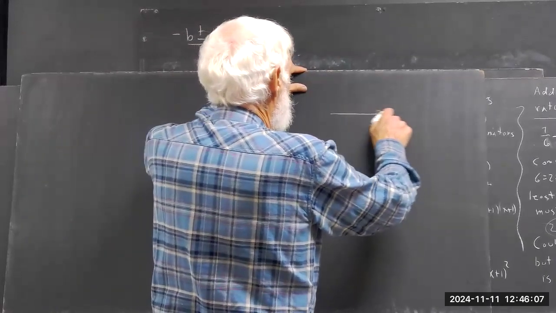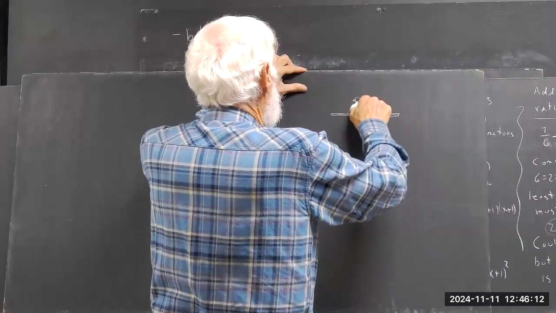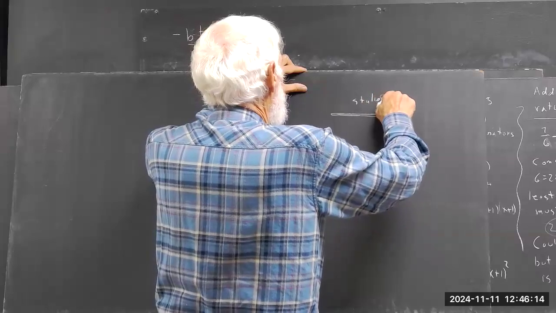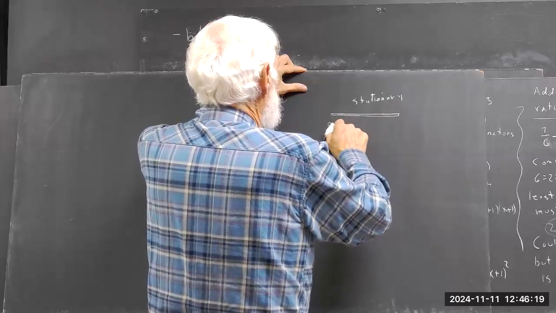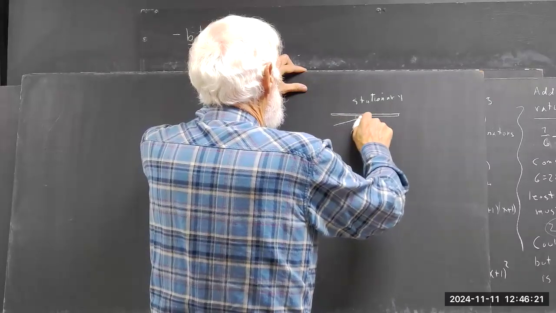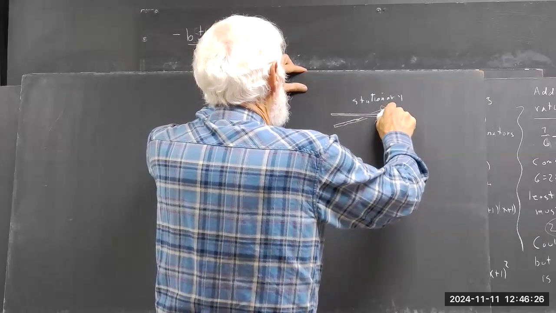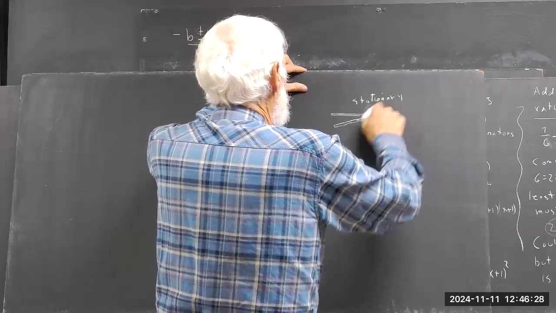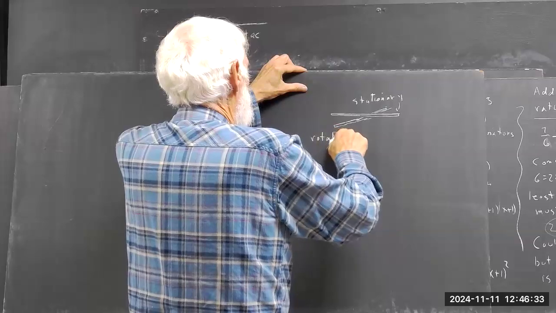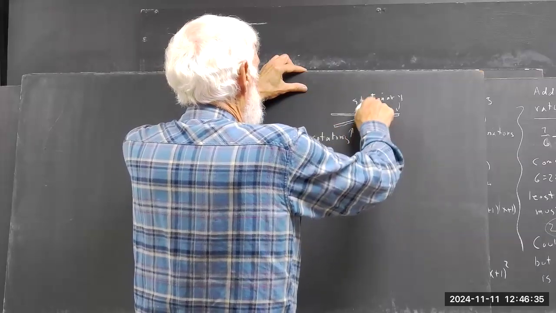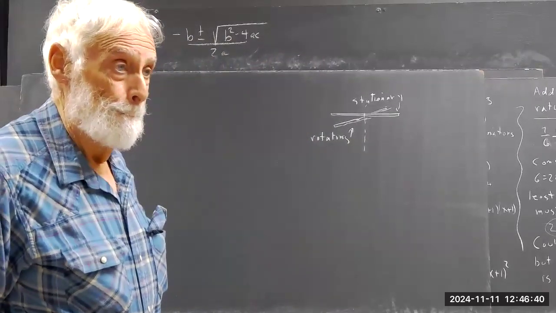So you got a stationary beam, and you got a rotating beam rotating about some axis. Okay.